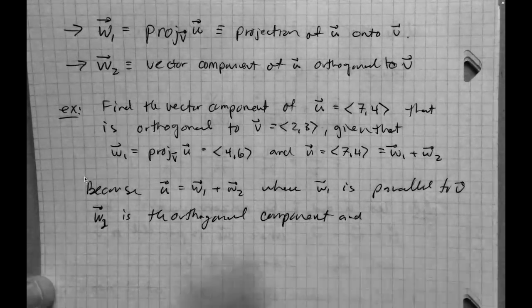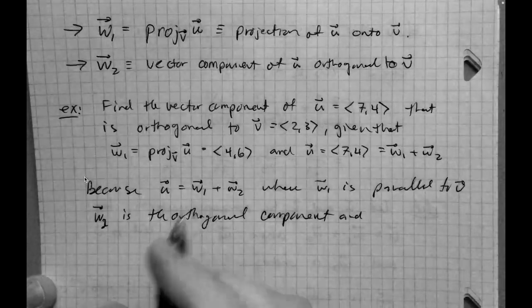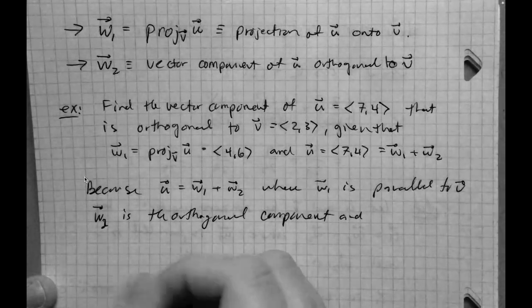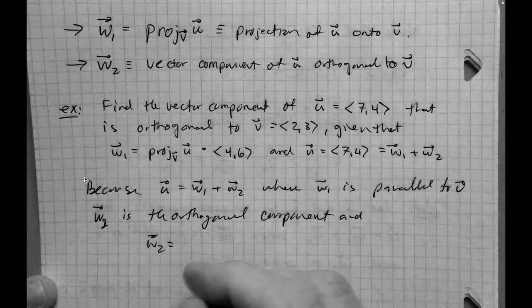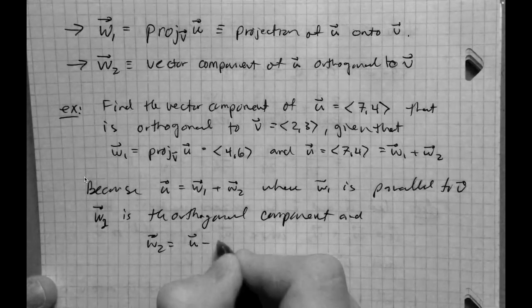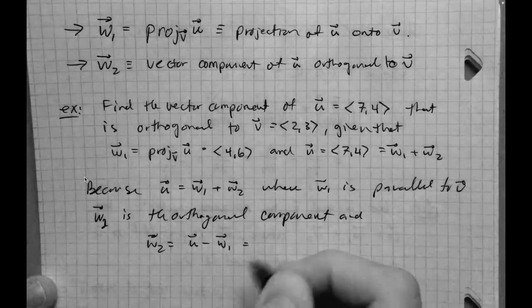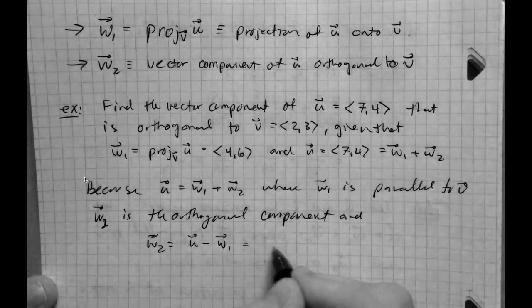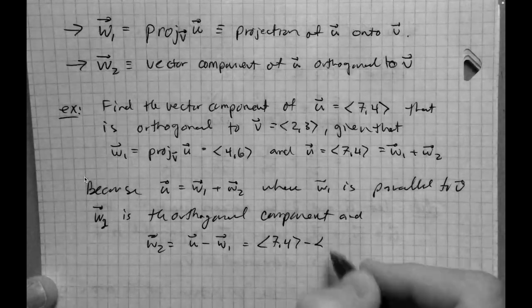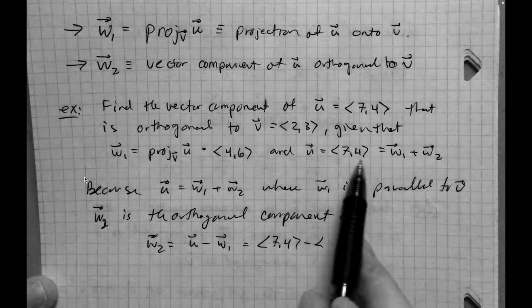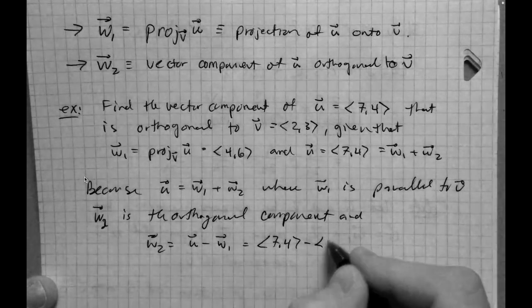Okay, it's the orthogonal component, and in fact, W2 would be equal to basically just U minus W1, right? All right, so we're given both of these vectors, so it's 7, 4 minus, I think W1 is 4, 6, right?